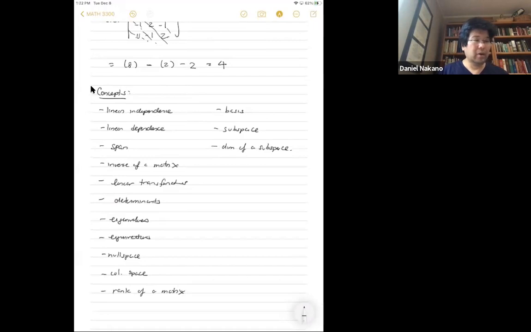Okay, so if you want to create some index cards, just so that if there's a concept that comes up on the test, you could just flip to an index card, I'm very happy with you doing that. Because I may ask you for the definition, or I may ask you to actually use the definition to solve a problem.